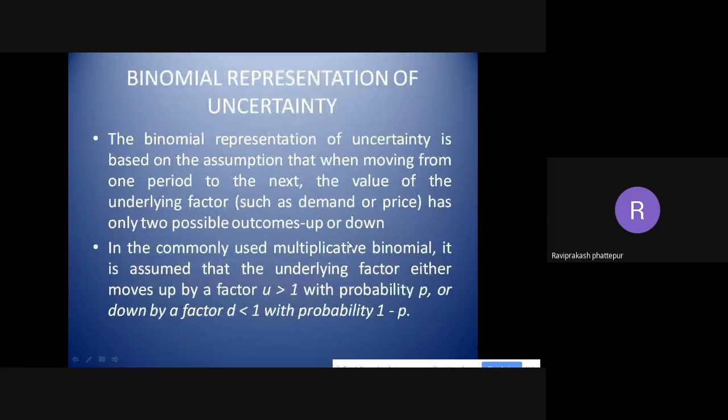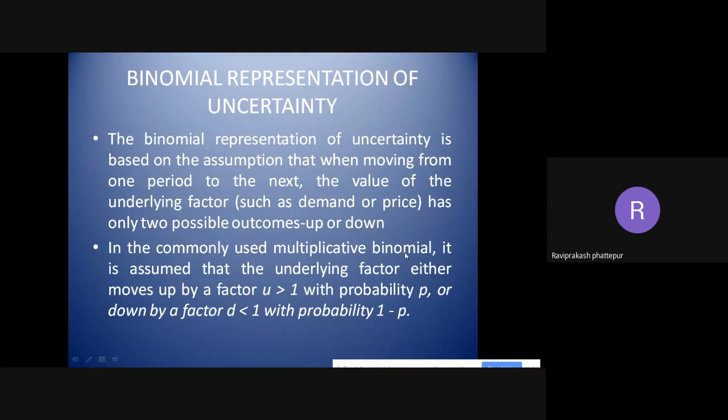Okay, next, binomial representation. There are two things which may generally happen. Today, if my sales is x, it might be x plus y, or it might be x minus y in the next time period.